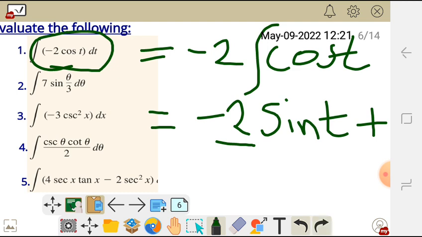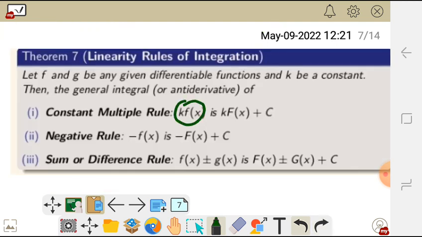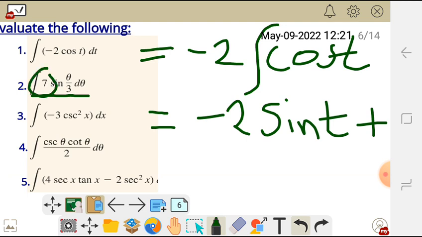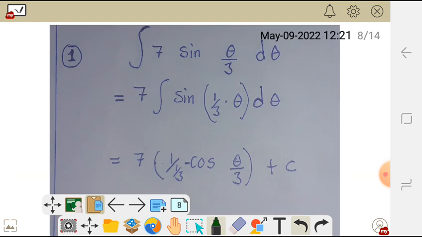Let's move on to the second question, which says evaluate the integral of 7 sine theta over 3 d theta. For this one as well, we need to apply those basic principles, and the constant rule, since we have a constant which is 7 there. Since this is a constant, we are going to have it in front here, which is 7.